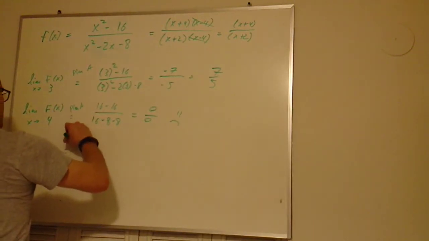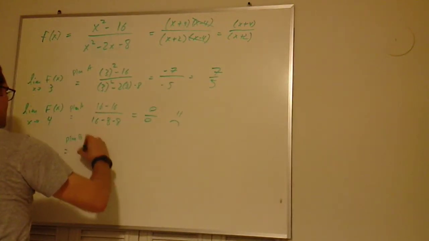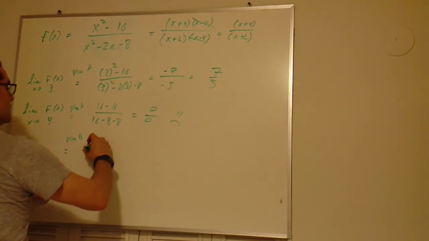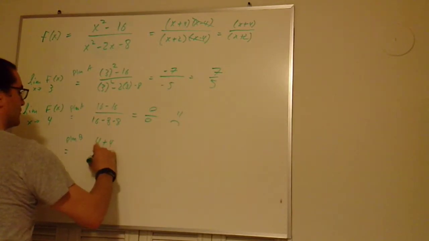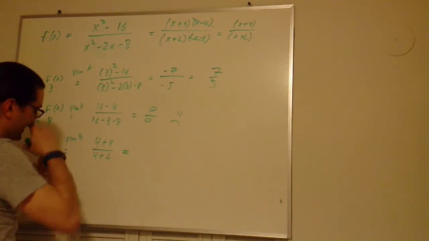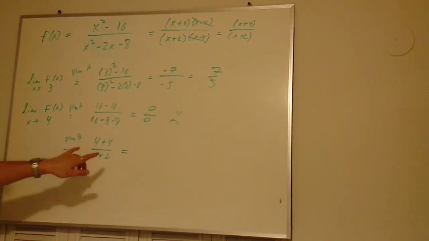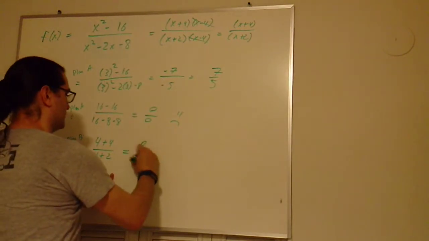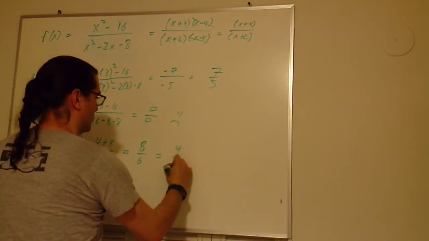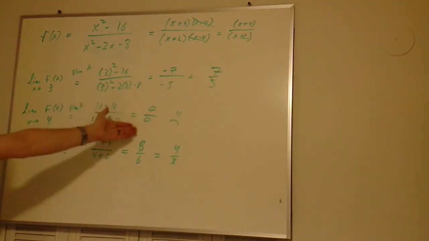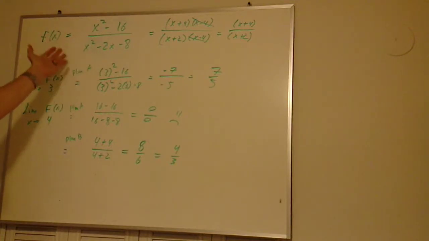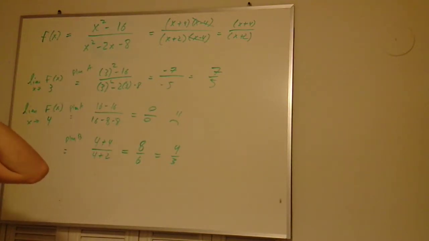So we're going to plan B this, and we'll get 4 plus 4 over 4 plus 2, and we will have 8 over 6, which is 4 thirds. So this is plan B. If plan A doesn't work, then you simplify the expression and try to plug it in.